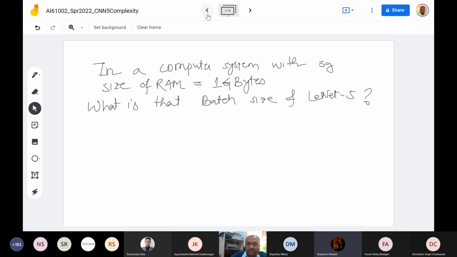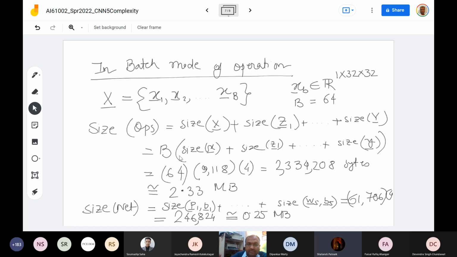I gave you total 1 GB of RAM, and the remaining things are over here. Based on this, can you tell me what will be the batch size for Lec9 which I can operate in computer memory with 1 GB of RAM? And the FP32 representation system.